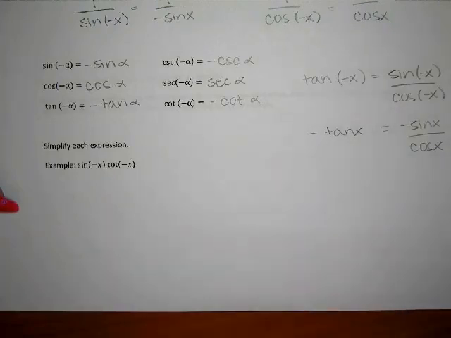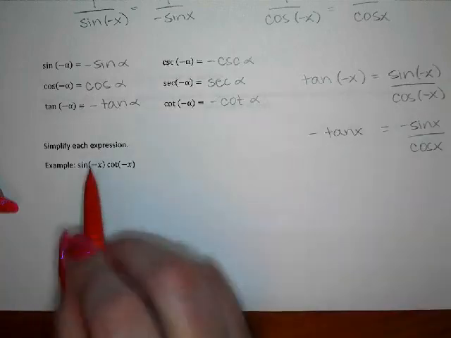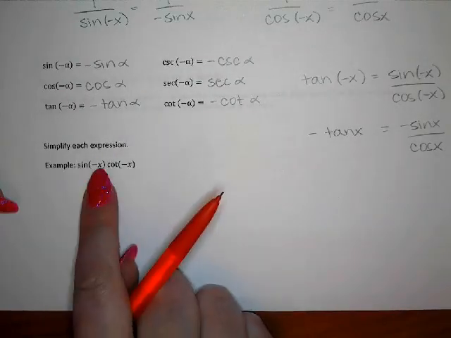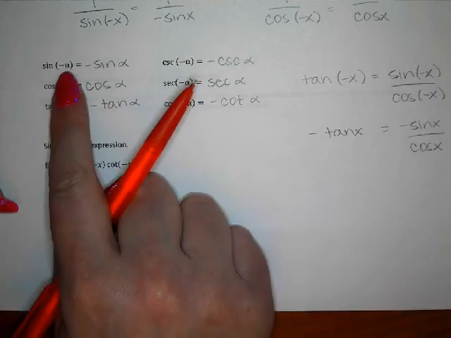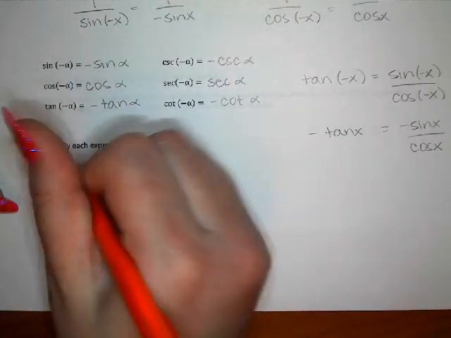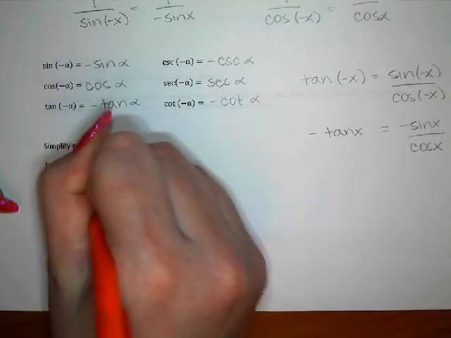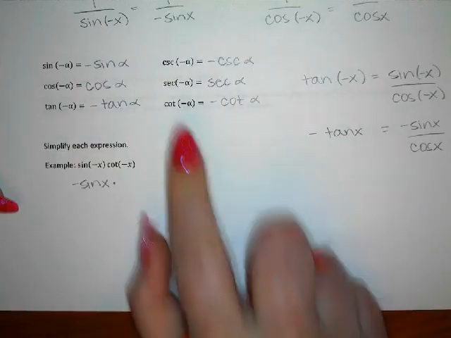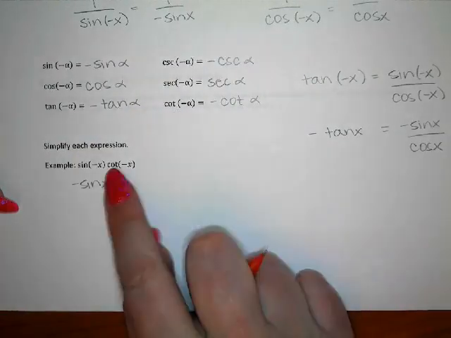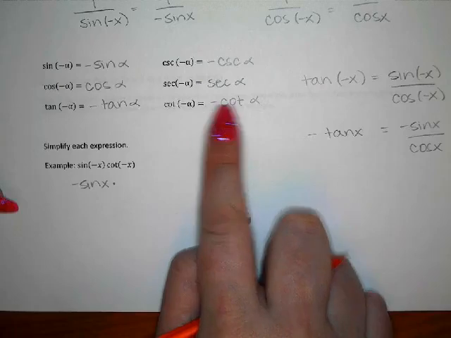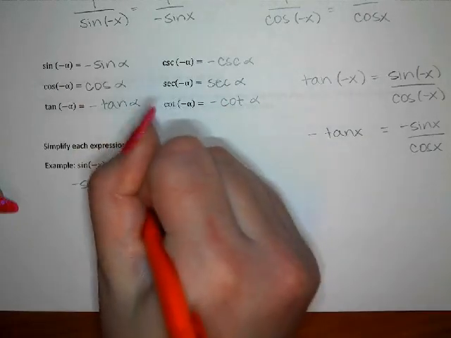Sine of negative x is negative sine x. Then we have cotangent of negative x, which is negative cotangent of x. And if we multiply these together, the negatives are going to cancel out. Negative times negative gives me a positive.